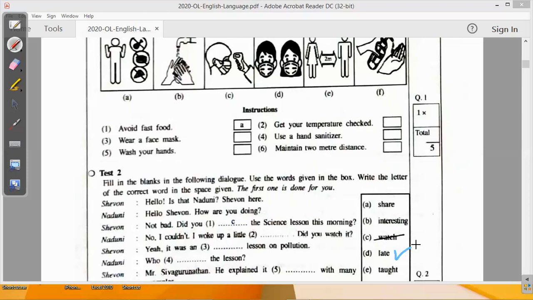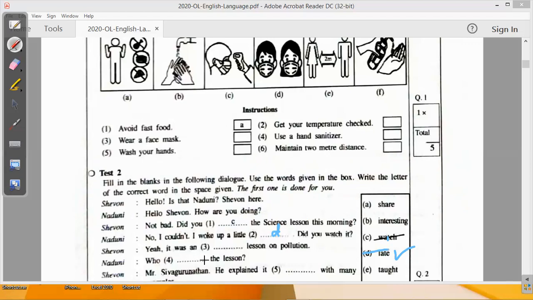Late in the sense she got up late. That's why she missed the lesson. That's the basic meaning. Okay, so it has to be late, and then I'm going to mark this as D, and I'll cross this late part out so that we can guess the other answers easily.